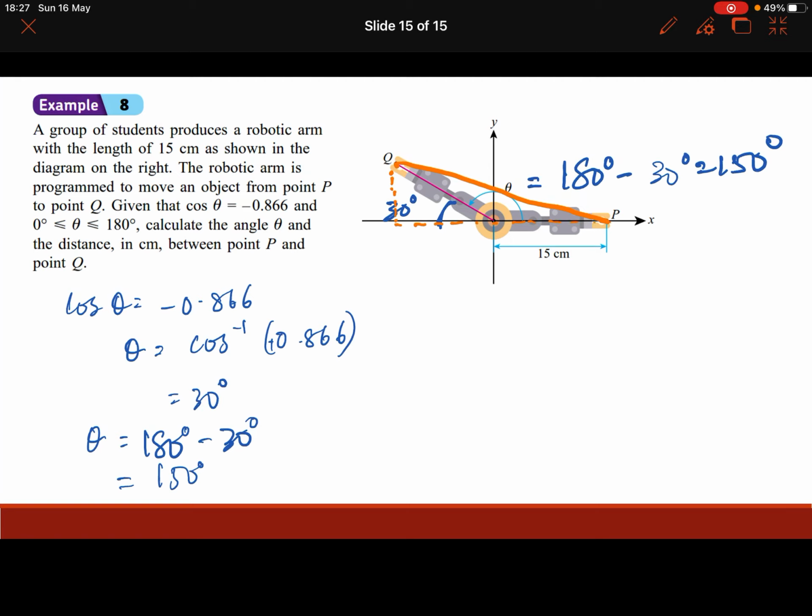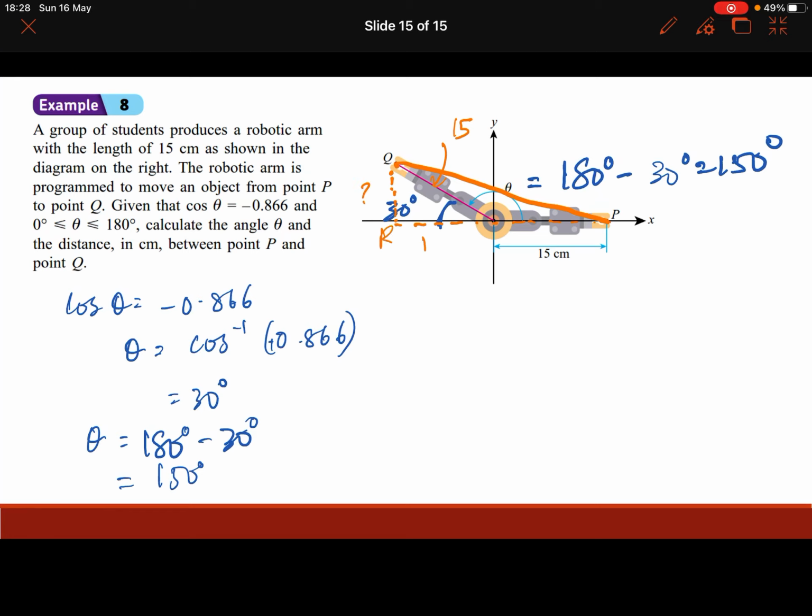Okay, we have 15 for the radius of the arm. 15 and 30, 15 here, 30.